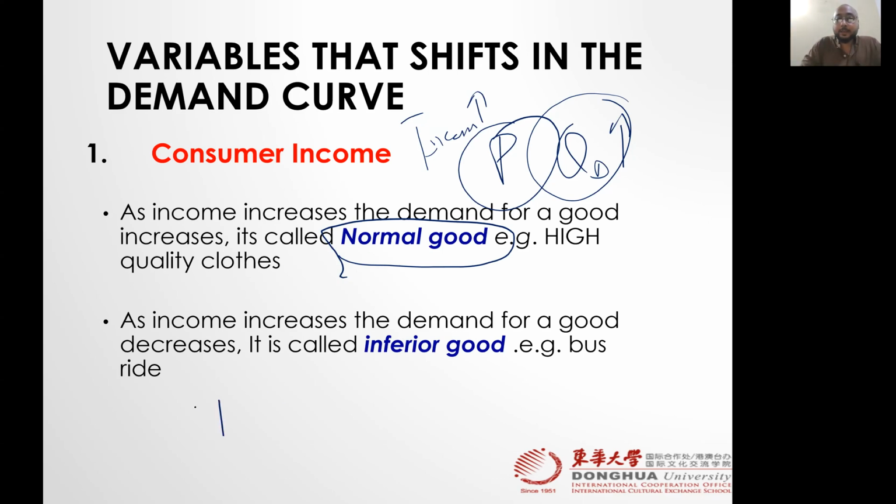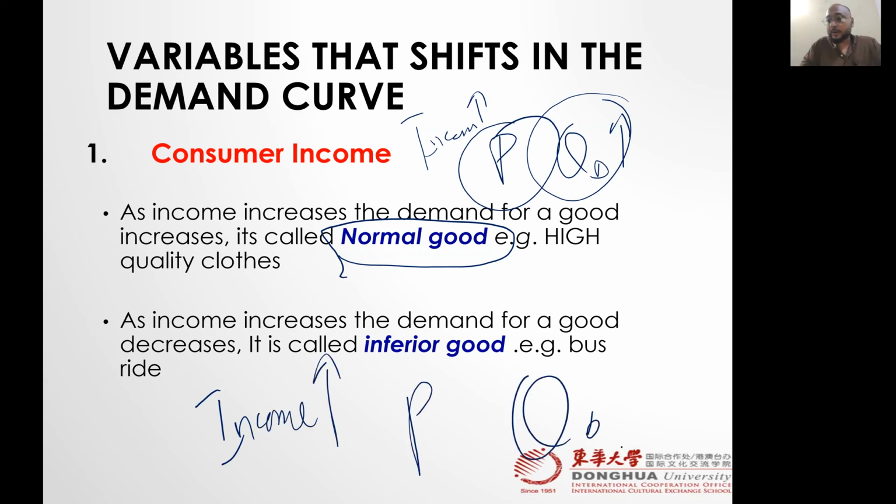So what if income rises, price remains the same and quantity demanded decreases? Your income rises and you are consuming less of that product. We call that an inferior good. That is economics terminology. It doesn't mean this is bad quality, or a matter of your morality.